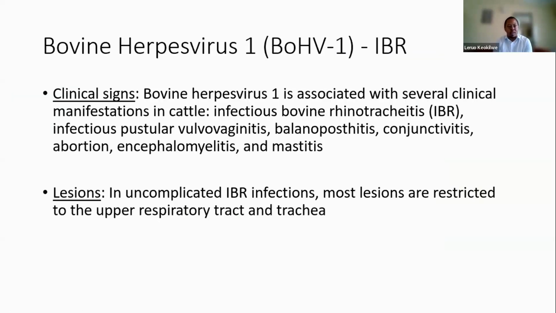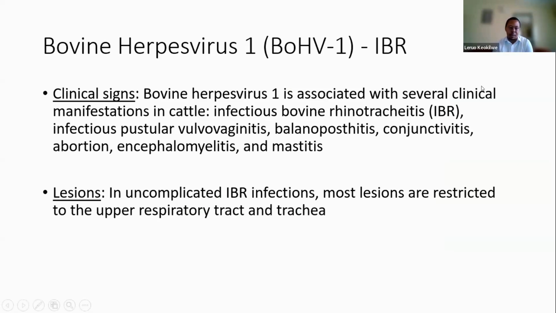The other one to consider is bovine herpes virus 1 or infectious bovine rhinotracheitis. This can have, of course, several clinical manifestations. It's called IBR, but it can also present as infectious pustular vulvovaginitis, balanoposthitis, even conjunctivitis.